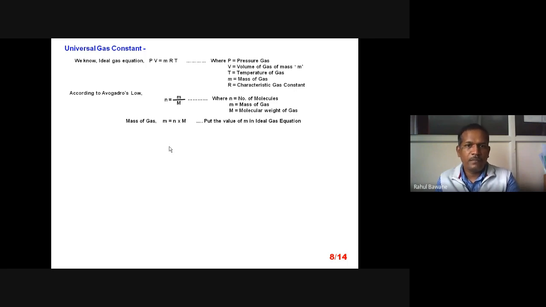So mass will be the product of number of moles multiplied by molecular weight. So we can replace mass by N times M, number of moles and molecular weight. This time PV is equal to NMRT, where N is the number of moles, capital M stands for molecular weight. So M is replaced by N and M.